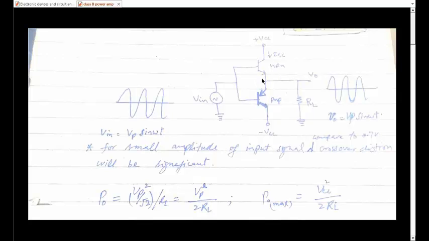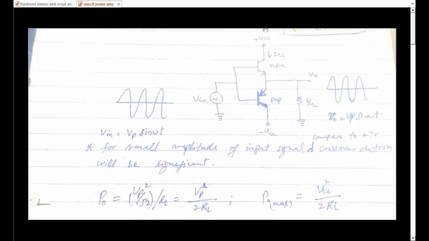The operating point is at cutoff: when the input signal is 0, the base current is 0, there is no collector current, and no power is drawn from the battery. The other transistor is also in the off state when the input is 0, and no current is drawn from that battery either.